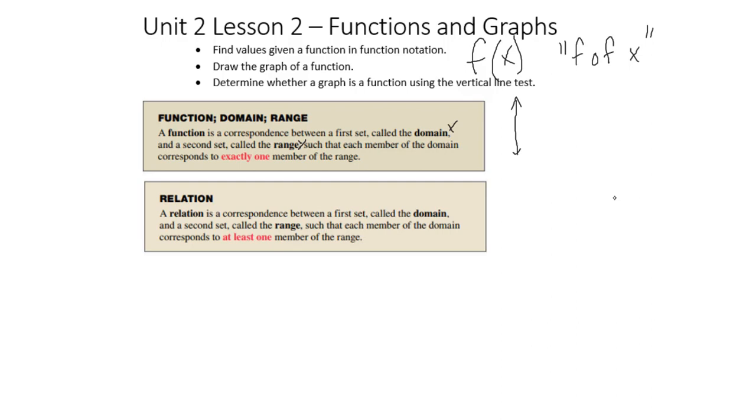And then together, we have all of our domain and our range. It is very important in order to be a function that each domain goes to one and only one range. If values of x go to multiple y's, then it is not a function. And if it's not a function, we call it a relation. All right, let's go ahead and get started.